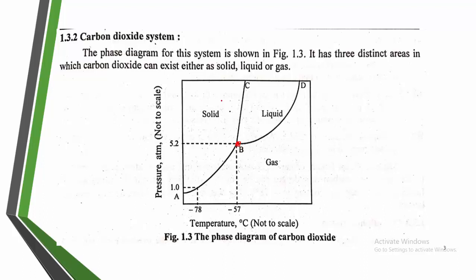In this carbon dioxide system, we are going to study the area under the ABC curve, the area under the CBD curve, and the area under the ABD curve. So the carbon dioxide phase diagram is divided in three different areas: ABC, CBD and ABD. We are going to study these, as well as the curves AB, BC and BD.